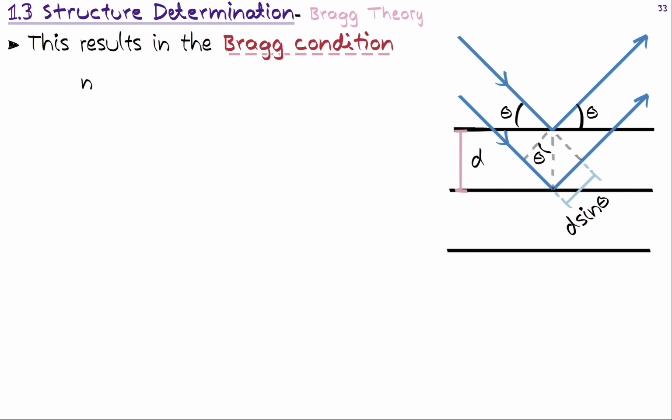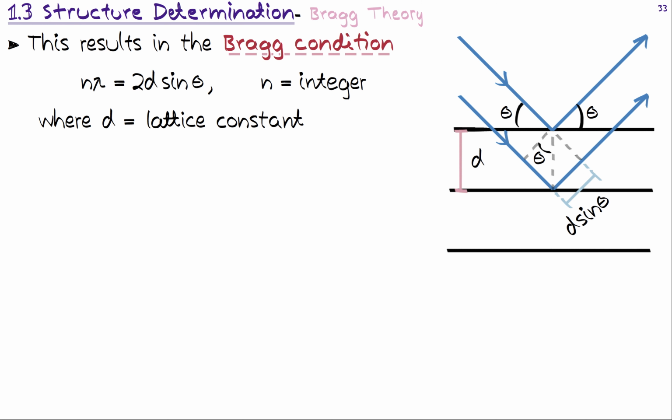Mathematically, the Bragg condition is that we have integer n times lambda, the incident wavelength of our X-ray, equals 2 times d, where d is the lattice constant, the separation between the two lattice planes of interest, times sine of theta. So n is an integer, and d is the lattice constant here. This is the Bragg condition, and it tells us when we see a diffraction peak.